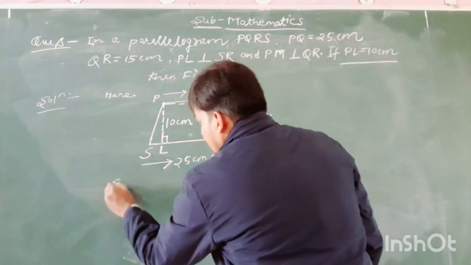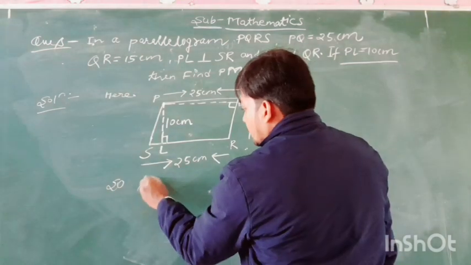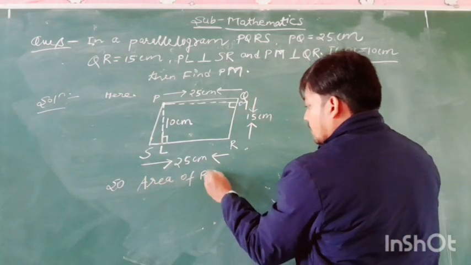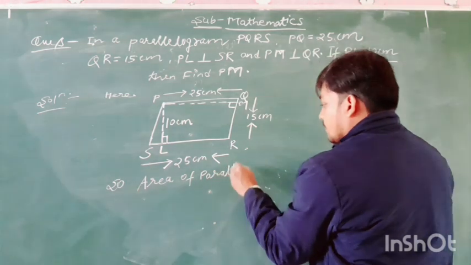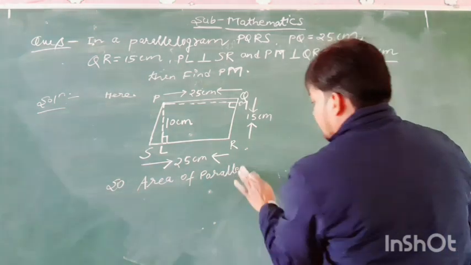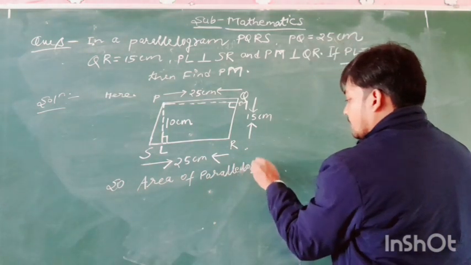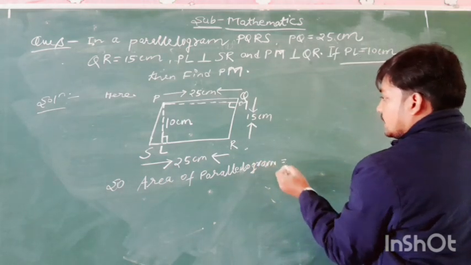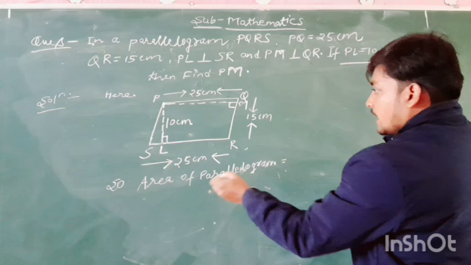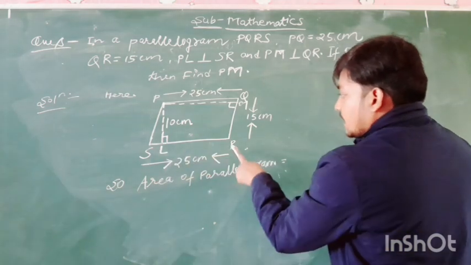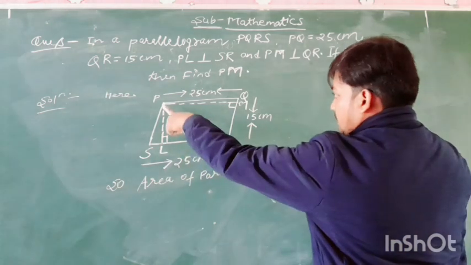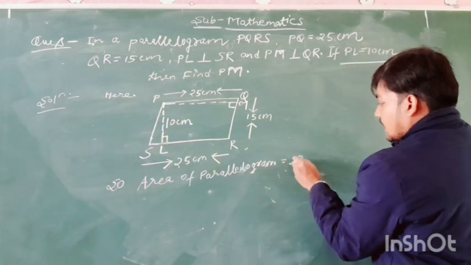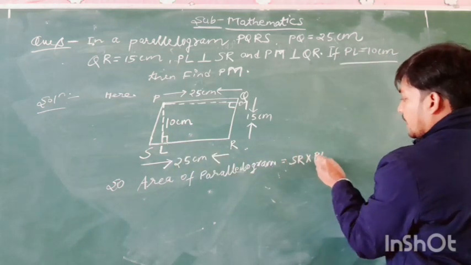So area of parallelogram is equal to base into height. Here base SR and the height is PL. So SR into PL.